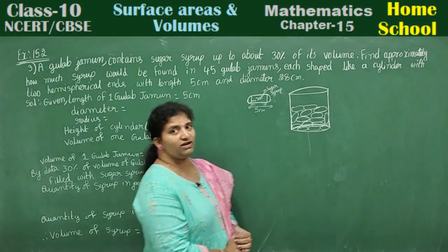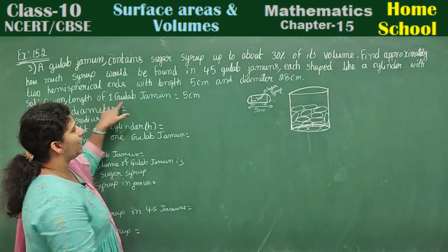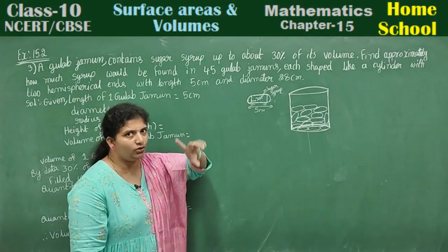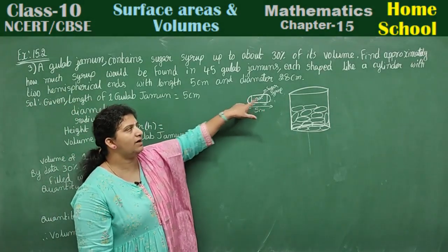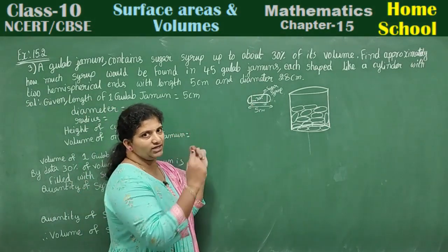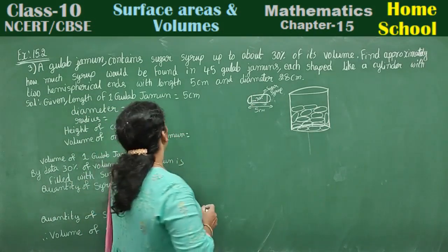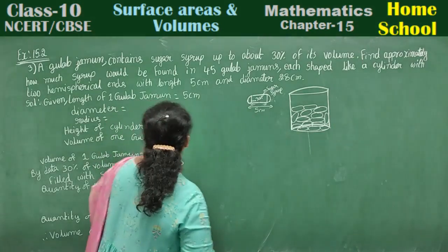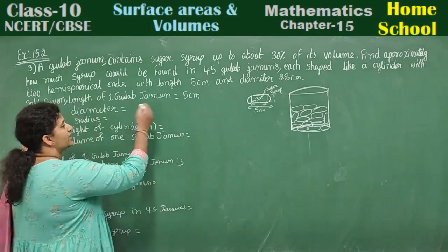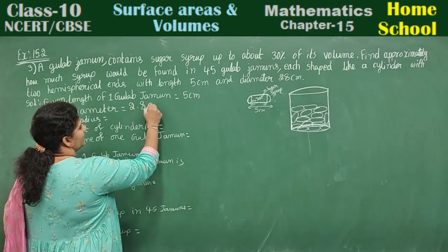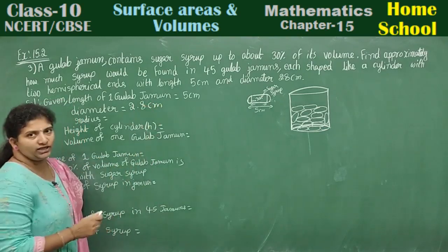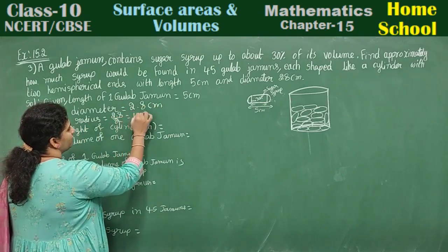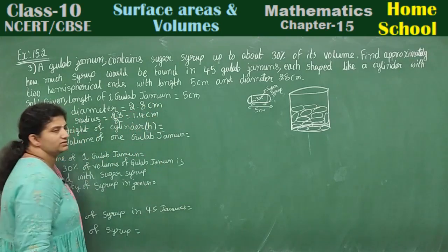Okay, let's write the given data first. Given length of one gulab jamun. I have drawn here one picture of one gulab jamun, a cylinder and hemispheres attached at the ends of the cylinder. Length of one gulab jamun is how much? 5 centimeters. Diameter is how much? 2.8 centimeters. Diameter 2.8, radius will be 2.8 by 2, that will be 1.4 centimeters.